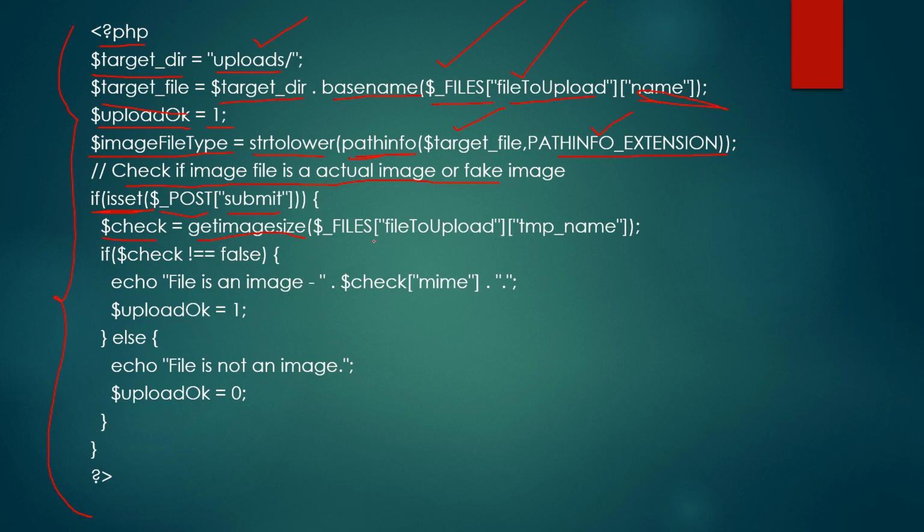I'm specifying what the file is and where it is located, meaning the temporary address of the file. If it is not equal to false, that means the file is an image, and if it is false, the file is not an image. So basically here I'm just checking whether the file is real or fake. I know it might sound a bit complex, but no need to worry.